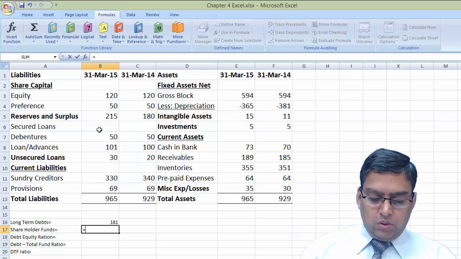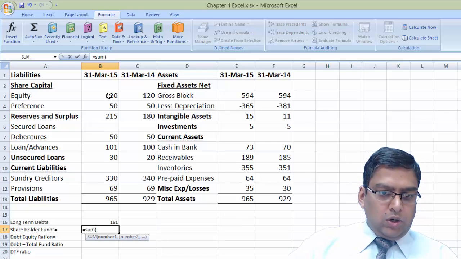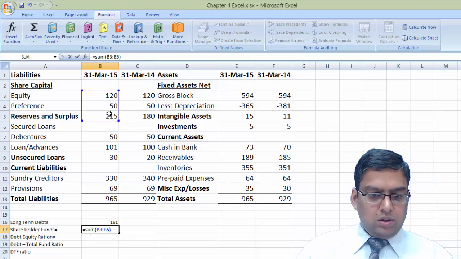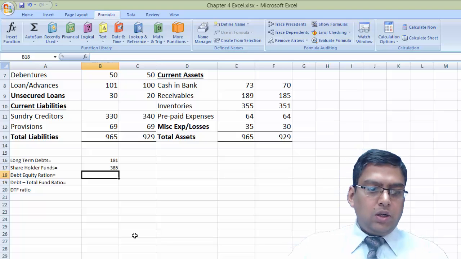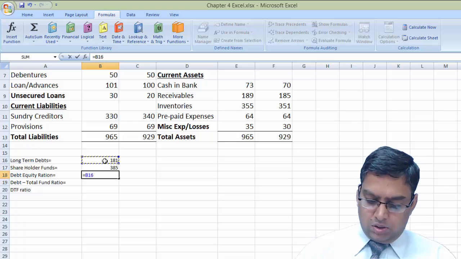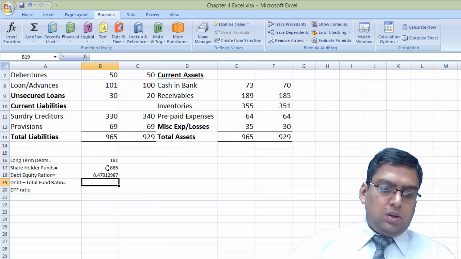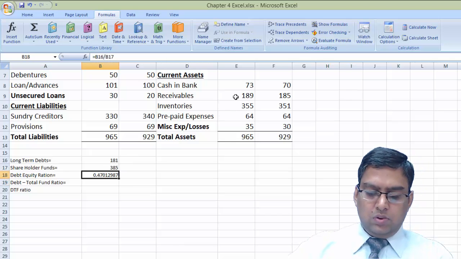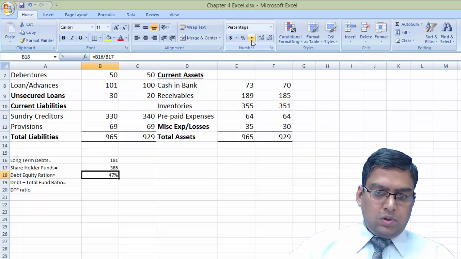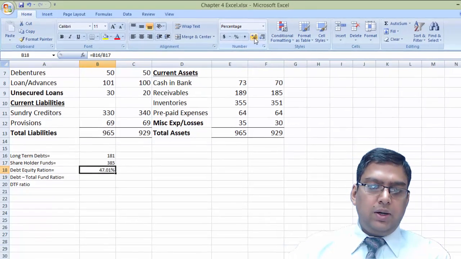Shareholder fund equals the sum of equity, preference, reserve, surplus, etc. And debt equity ratio equals B16 divided by B17. That is converted into percentage. Use decimal places if required.